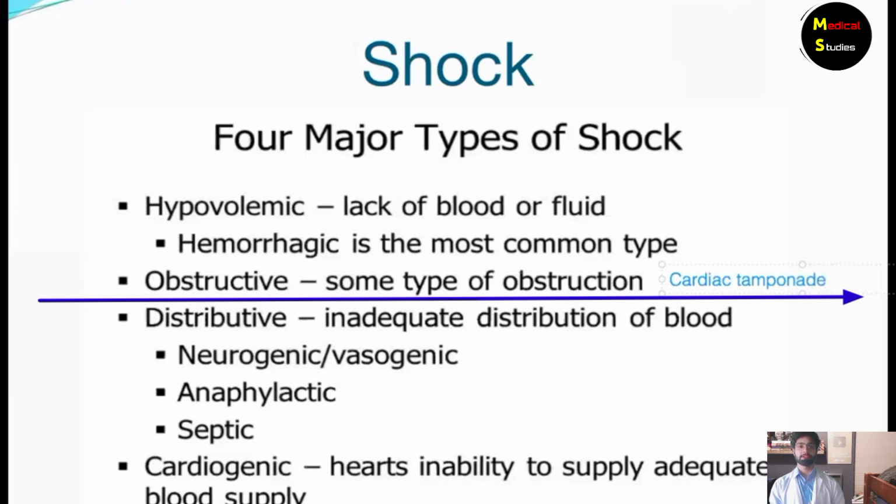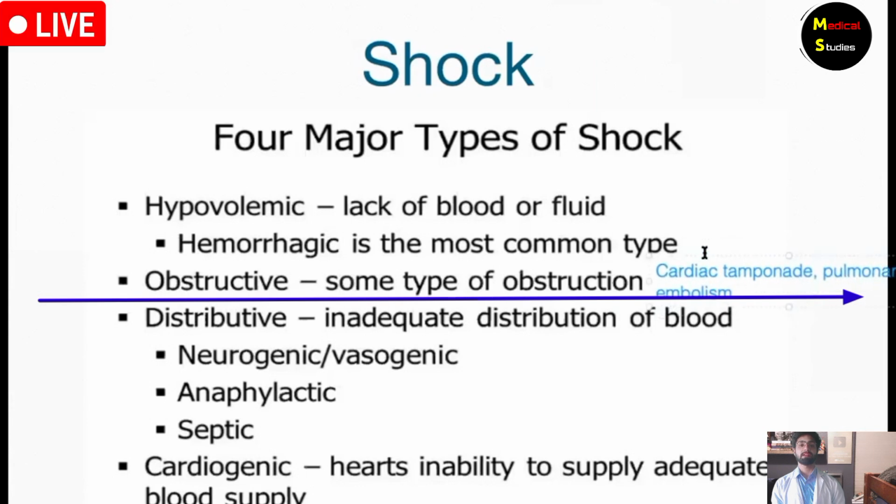Second one is pulmonary embolism. This we can also consider as a type of obstruction. Third one is tension pneumothorax. Now what is pneumothorax? I think many of you know about pneumothorax.